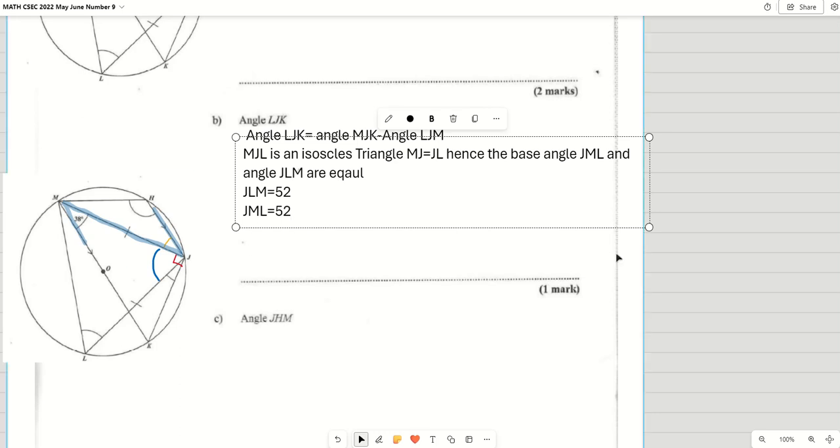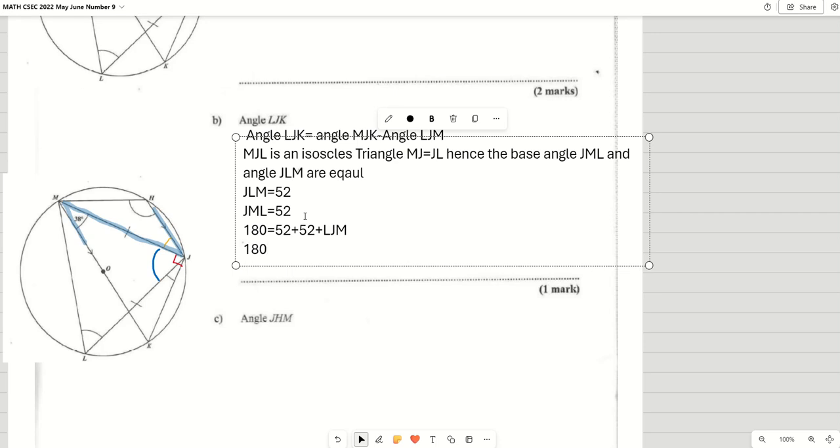We know that a triangle is how many degrees? A triangle is 180. So 180 is equal to 52 plus 52 plus the angle that we're trying to find out, which is angle LJM. So we know that 180 is equal to 104 plus LJM, right?